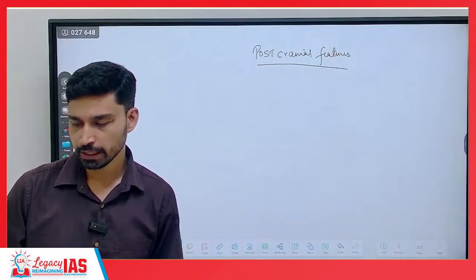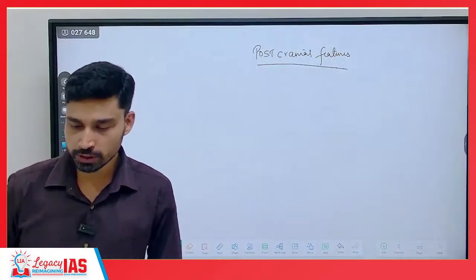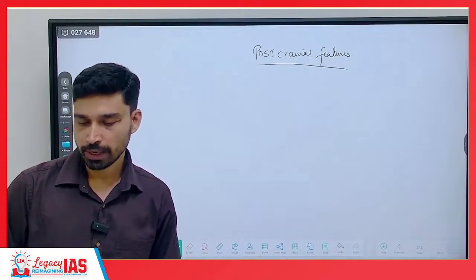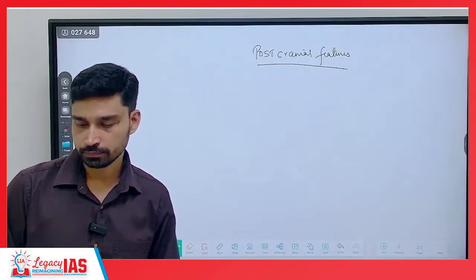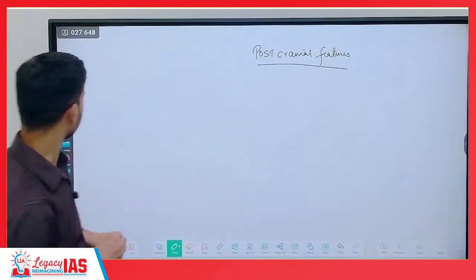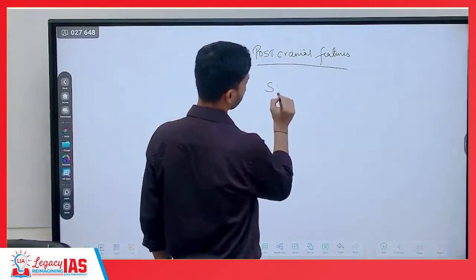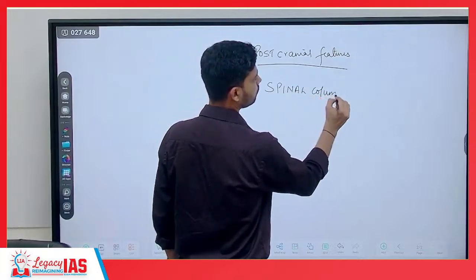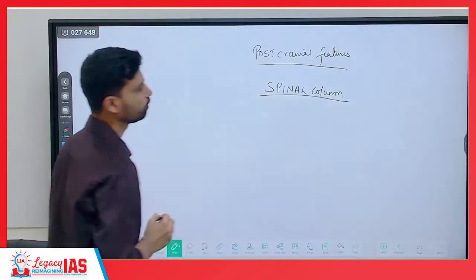First, we can write about the spinal column or vertebral column.